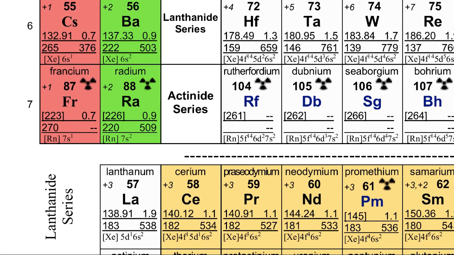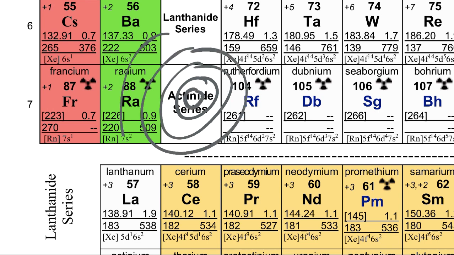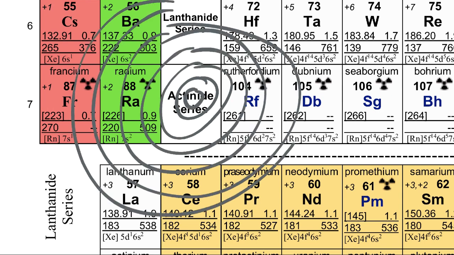Francium. Francium, you've got 7 energy levels that are going to be associated with francium. So we have 2, 3, 4, 5, 6, and 7. And its one single electron is right here.